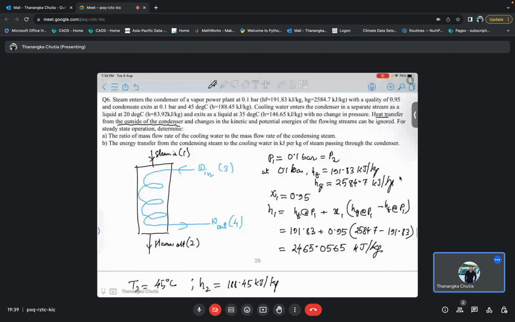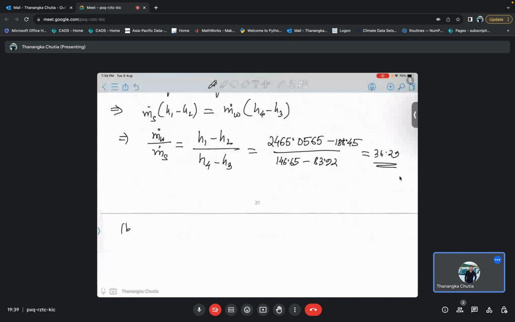Okay, now next is the energy transfer from the condensing steam to the cooling water, per kg of the steam passing through. So energy transfer from steam to water per kg steam. What will this be? This will be nothing but Q divided by m dot s.